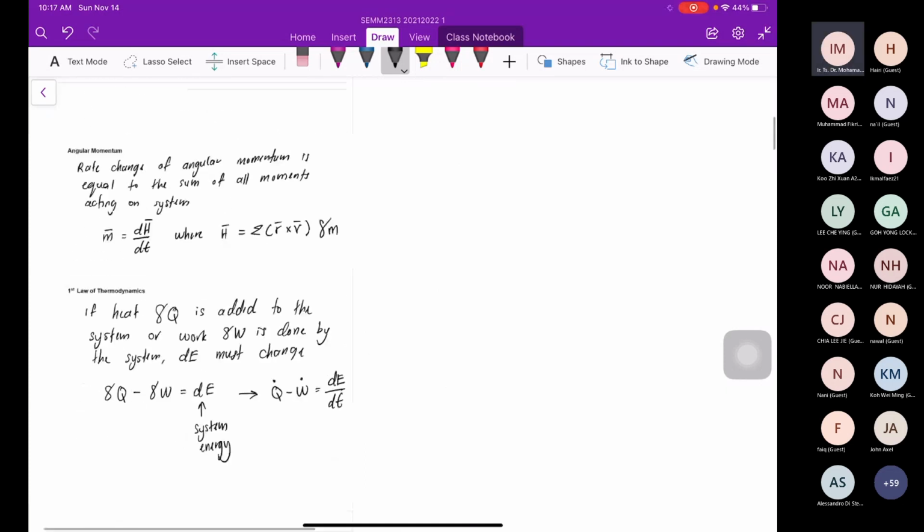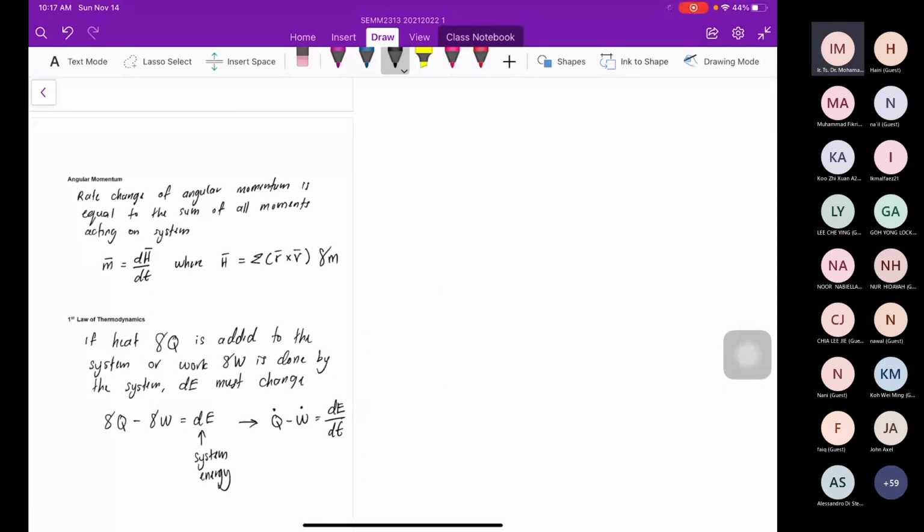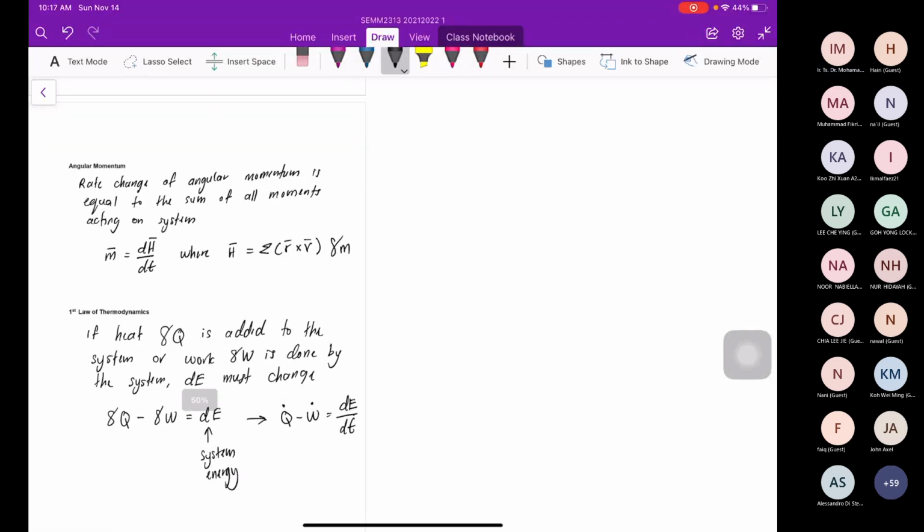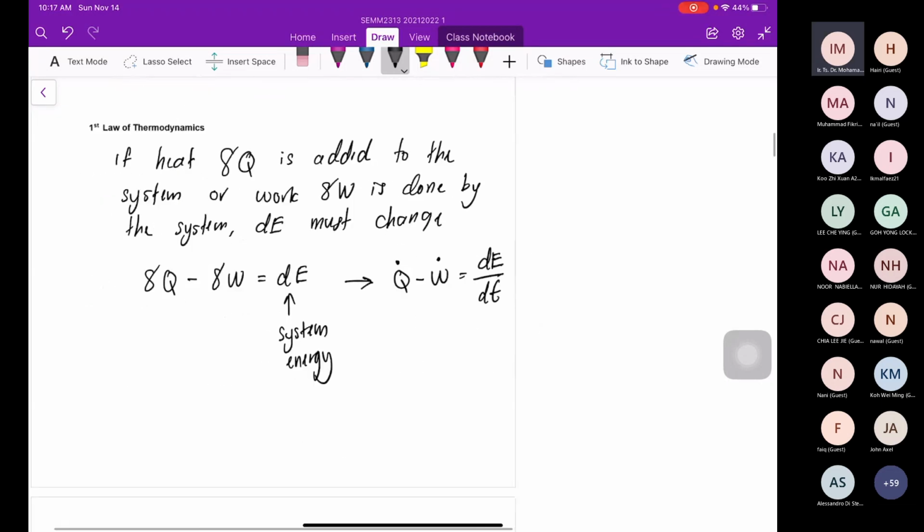Doctor, what is the symbol? The small change. Is it delta, doctor? Delta. Yes, it is the change. Okay, this is the change. This is the small change.